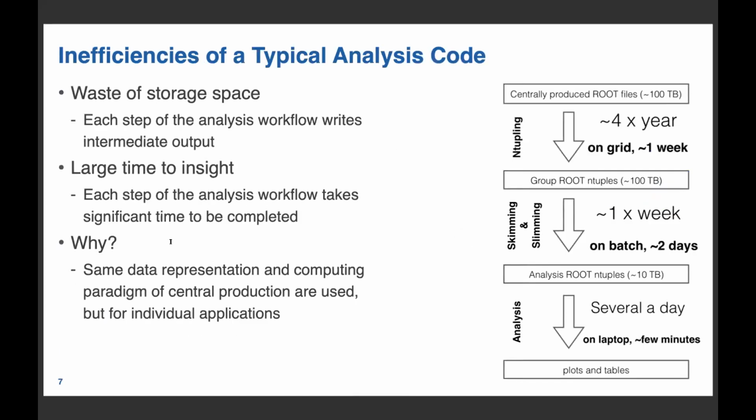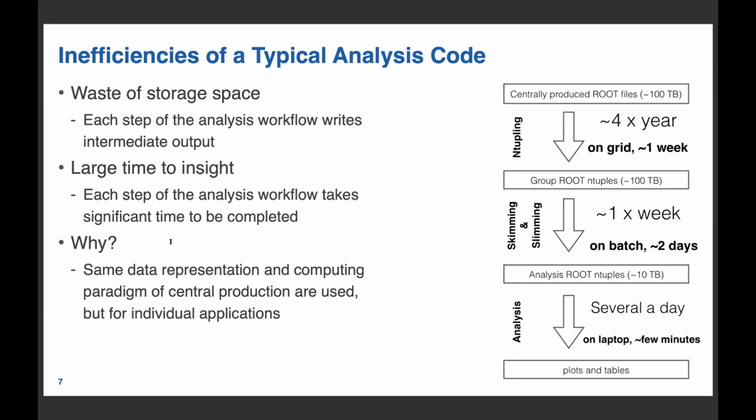Where do these inefficiencies come from? On this slide, you can see on the right part a sketch. This is just a visual representation of a typical analysis code that involves several different steps. You see a first step of ntupling, which has been mentioned already in the previous talks.